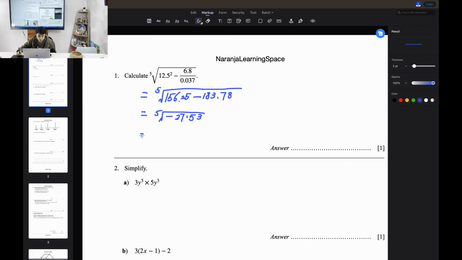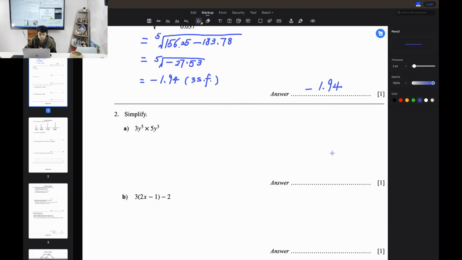So this equals to fifth root of negative 27.53, which is negative 1.94, 3SF. So the answer is negative 1.94. All right, so next question.